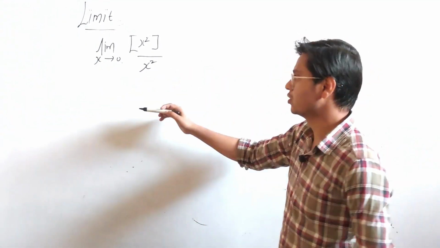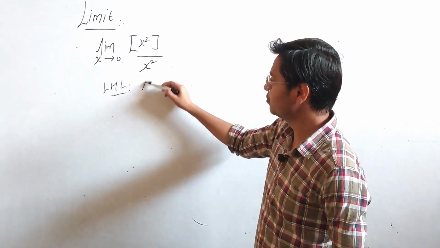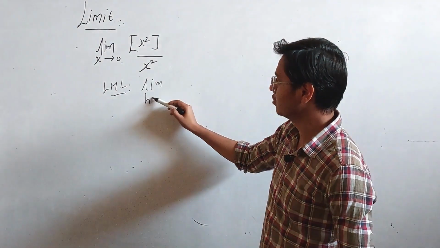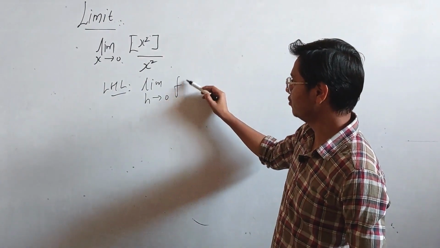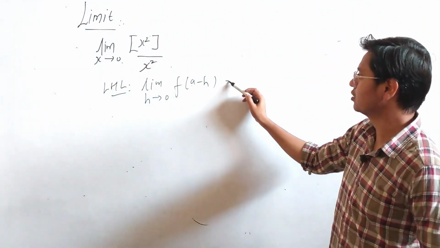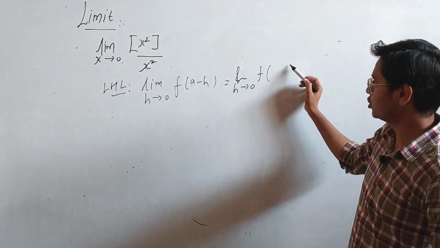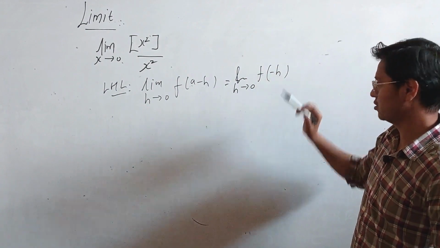So if we apply the LHL, that means limit h tending to 0, f of a minus h. Here a is equal to 0, so this will become limit h tending to 0 f of 0 minus h, that means minus h.